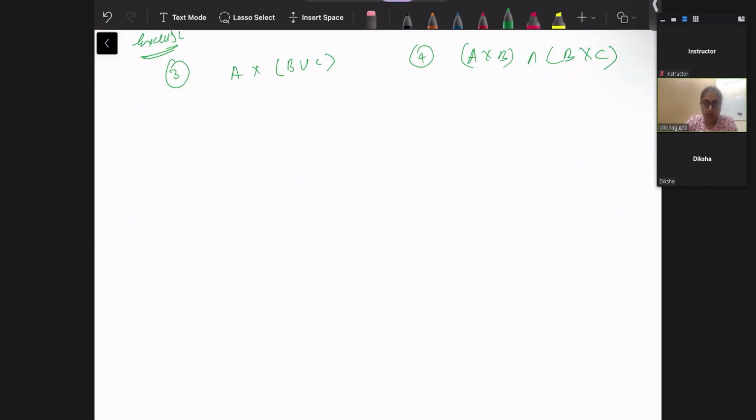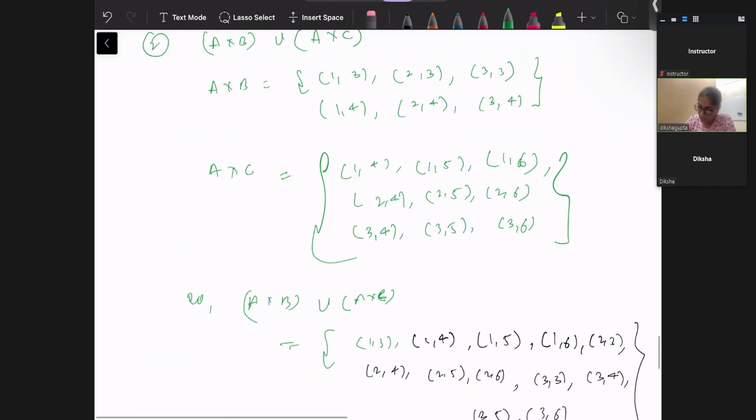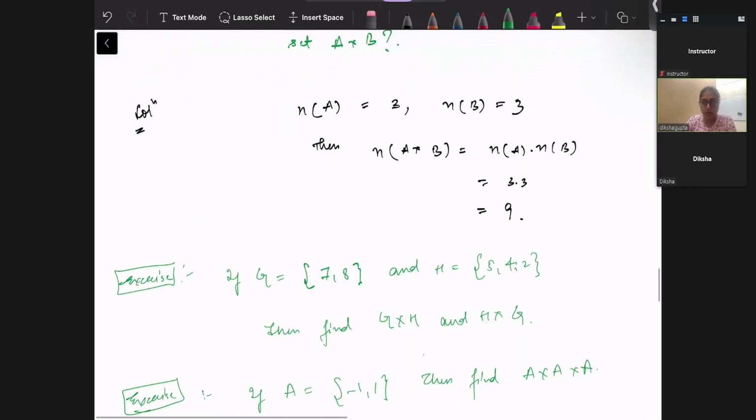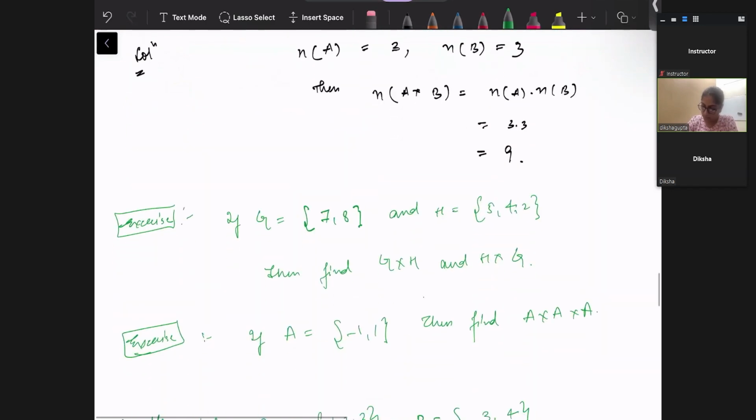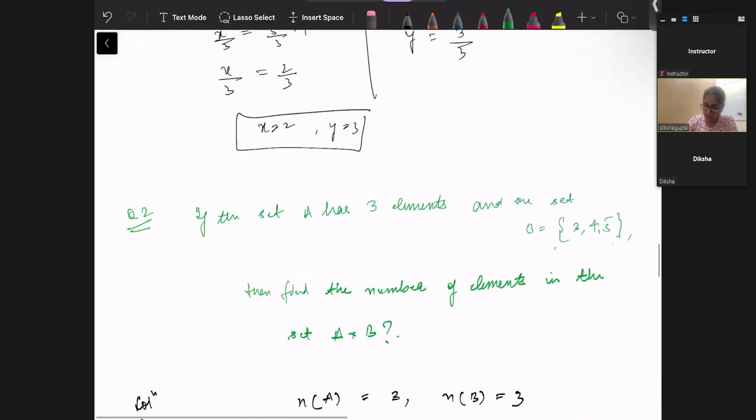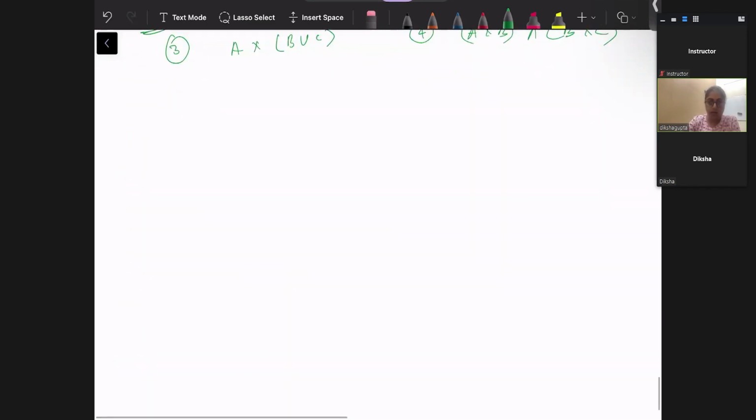So I think this should be enough to set the basics of what a Cartesian product between two sets is, and even if not two, we can extend it naturally to more than two sets, right? So I hope you should be clear with what a Cartesian product now is. All right.